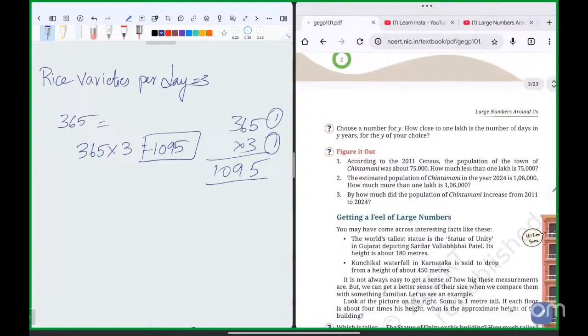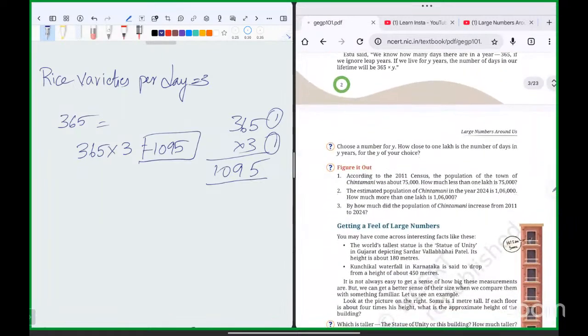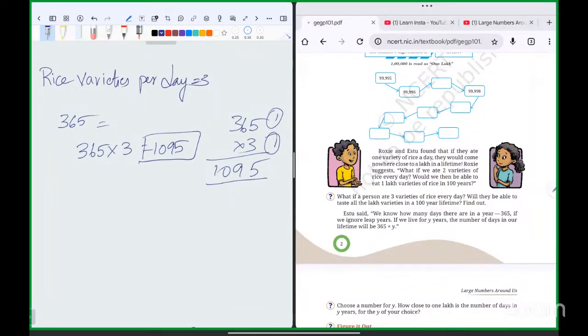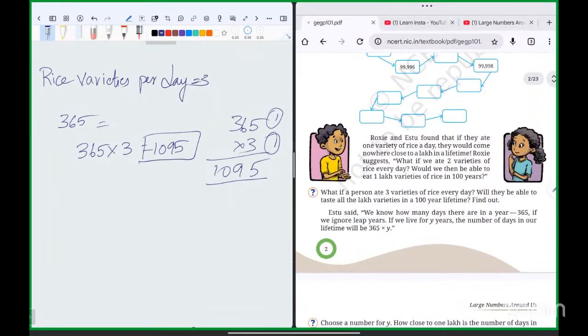So the question says to find out how many rice varieties they will be eating in a 100-year lifetime. Will they be able to achieve the 1 lakh target? So the target to achieve is 1 lakh. Will they achieve 1 lakh rice varieties or not is ours to find. So 1095 per year.